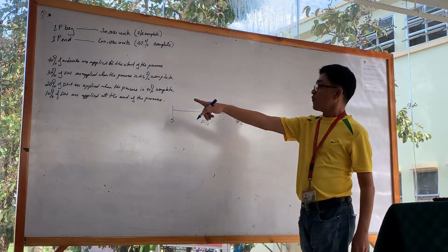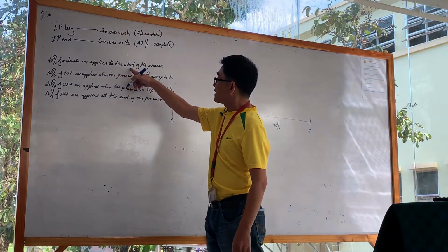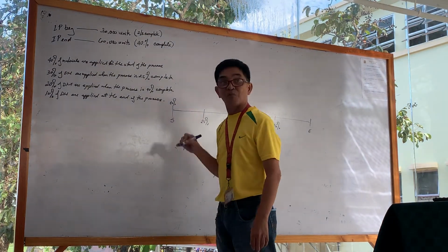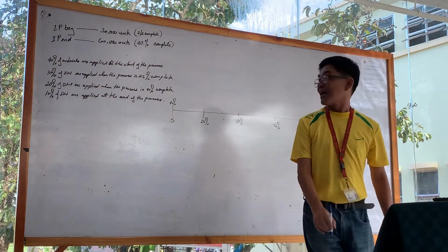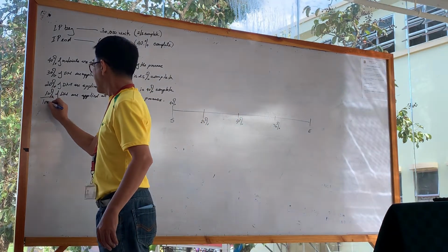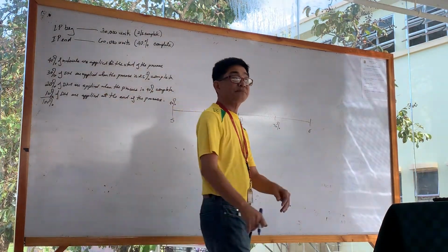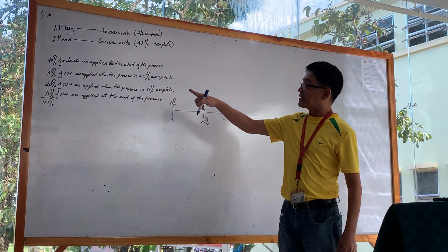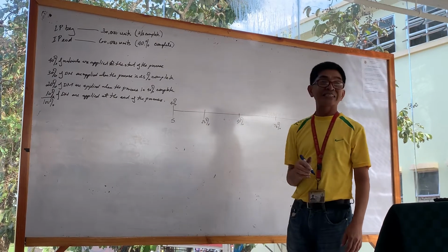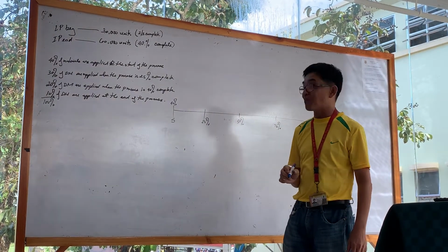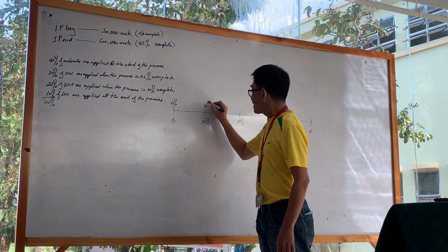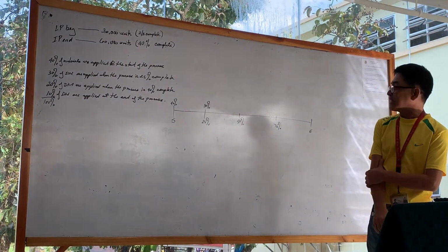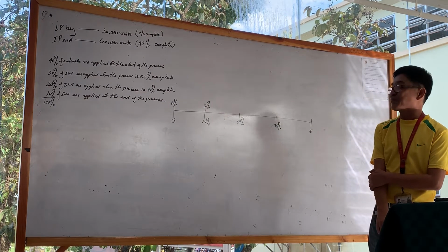Now, let us plot how they apply materials. 40% of materials is applied at the start of the process. So pag umpisa pa lang, may 40% na. The total of materials is 100%. 30% of materials are applied when the process is 25% complete. 20% of the materials when the process is 40% complete.